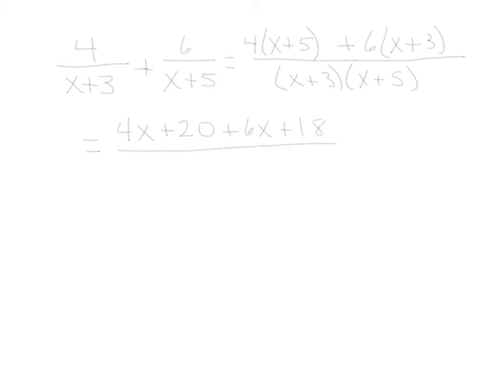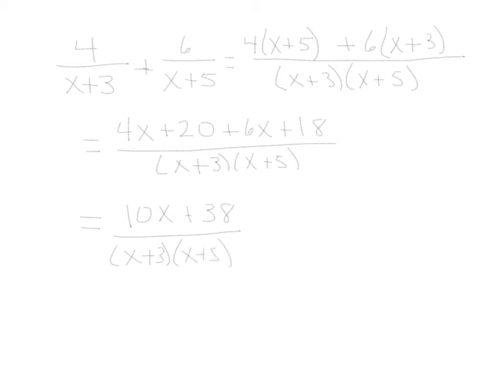That remains over our common denominator. Gather your like terms. 4x plus 6x is 10x. 20 plus 18 is 38. Again, it stays over the common denominator.